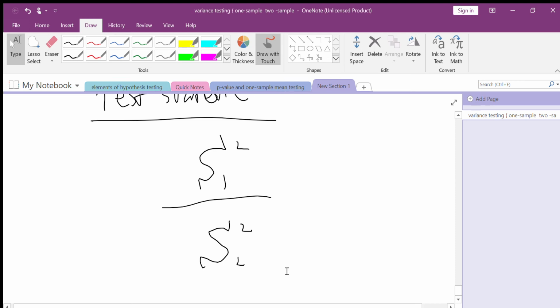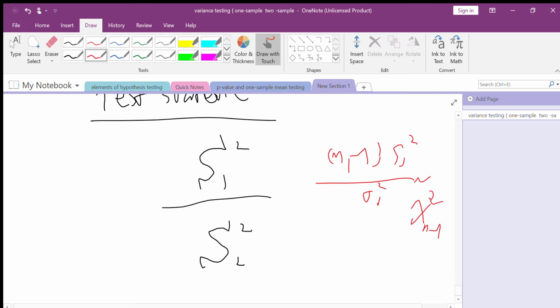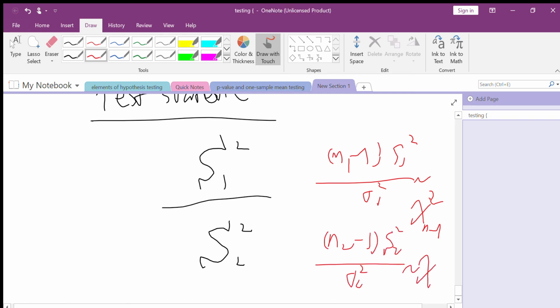And we know that (n1 minus 1) S1 squared divided by sigma 1 squared follows chi-squared n1 minus 1, and (n2 minus 1) S2 squared divided by sigma 2 squared follows chi-squared n2 minus 1.